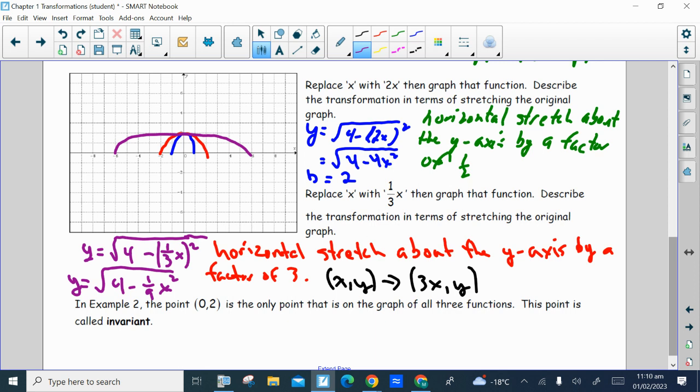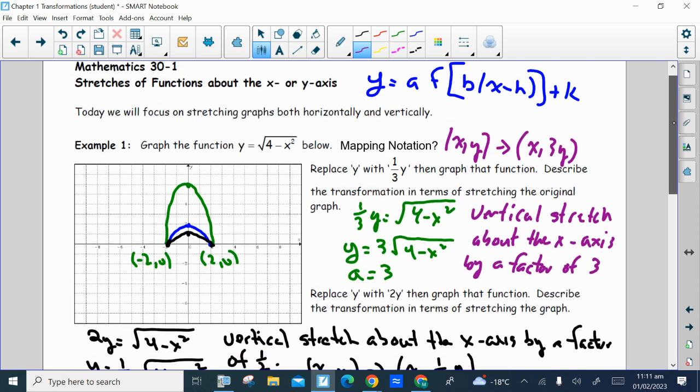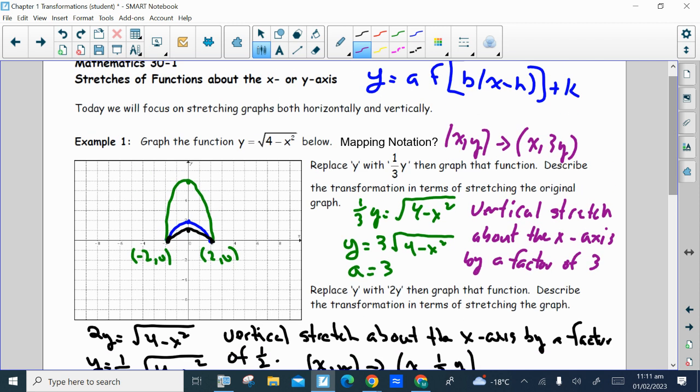The scale factor 3 is the reciprocal of the b value of 1/3. So that's what happens when b, the numerical value of b, changes. You're going to get a horizontal stretch about the y-axis, but the stretch factor is the reciprocal of b. When the numerical value of a changed above, we saw that it caused a vertical stretch, but the stretch factor was the absolute or actual value of a.